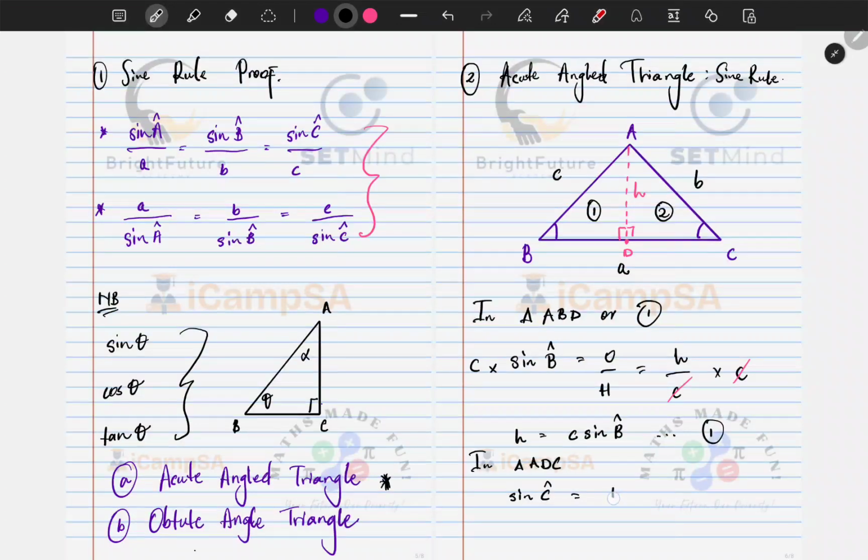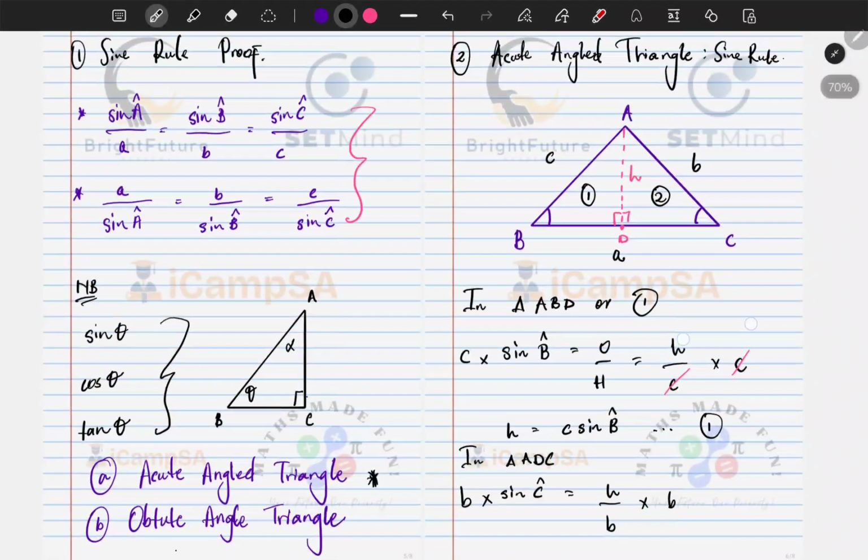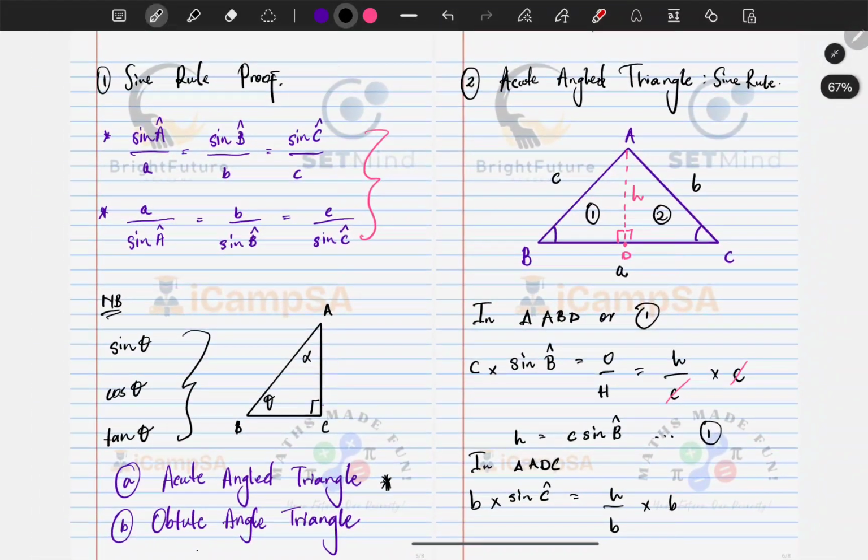Your opposite side is h, and your hypotenuse is b. Now I multiply by b on both sides, and I'll be left with h equals b sine of angle C.